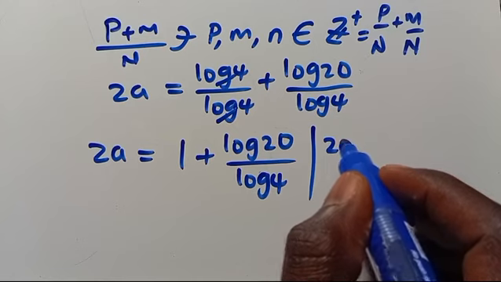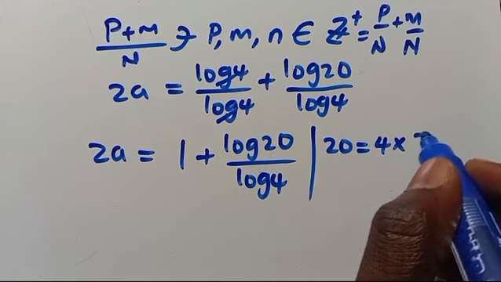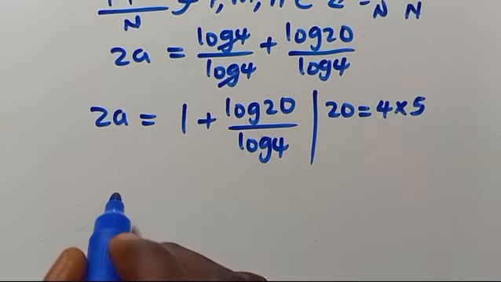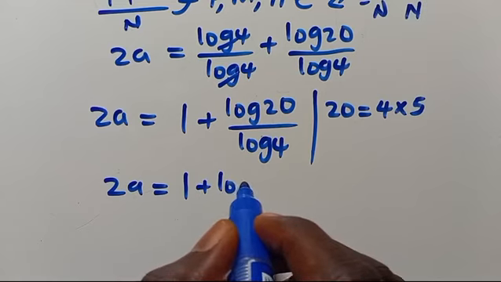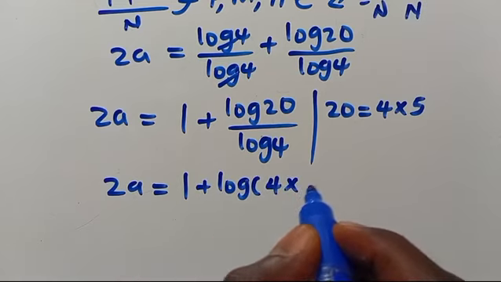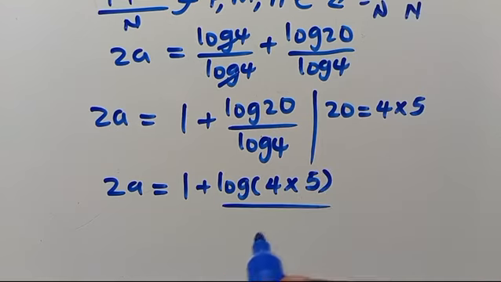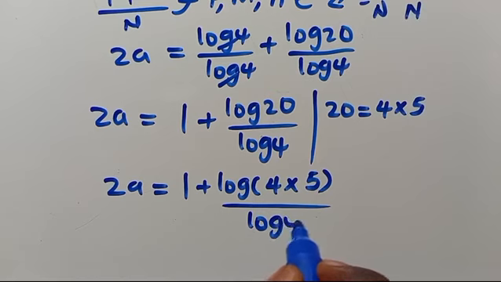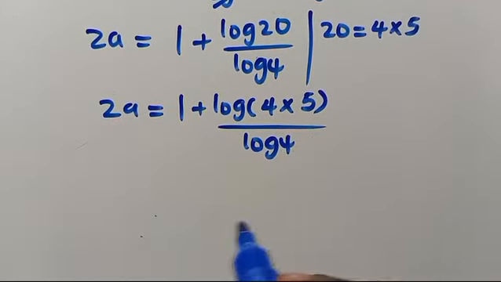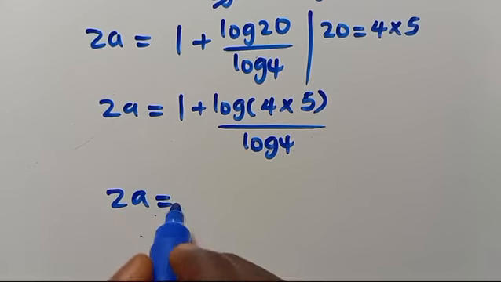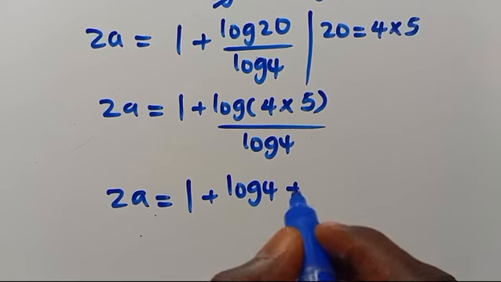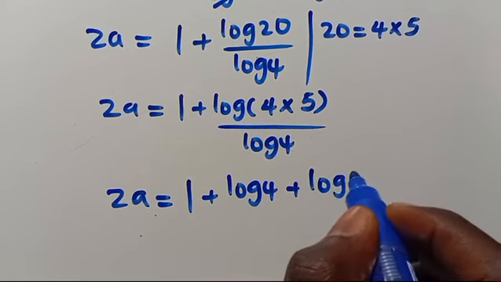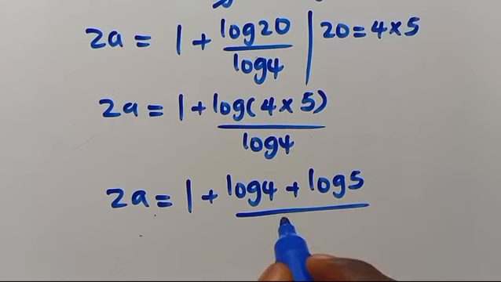Now we have 20 as 4 times 5. So 2a equals 1 plus log of 4 times 5 over log 4, which is 1 plus log 4 plus log 5 over log 4.